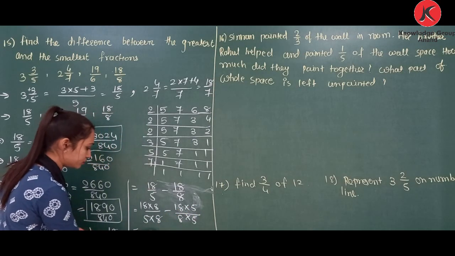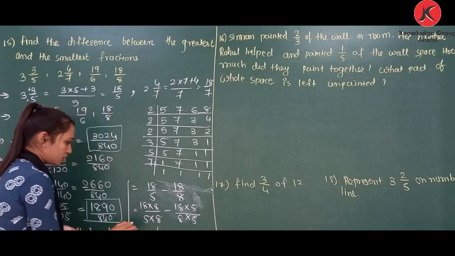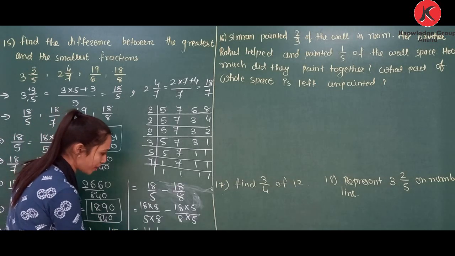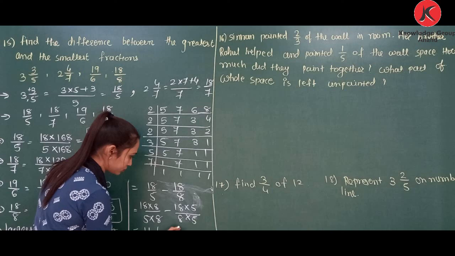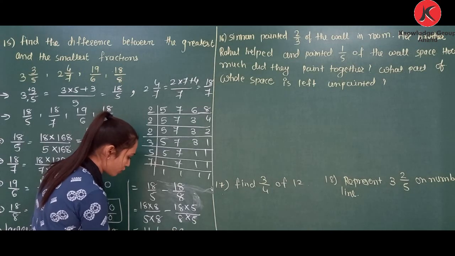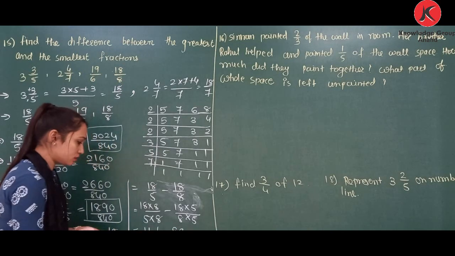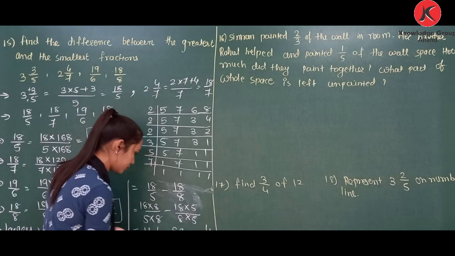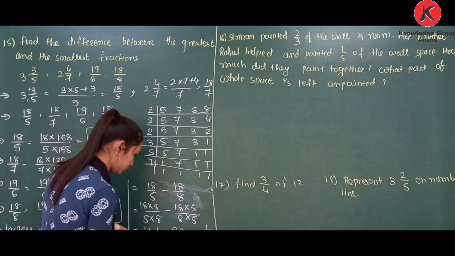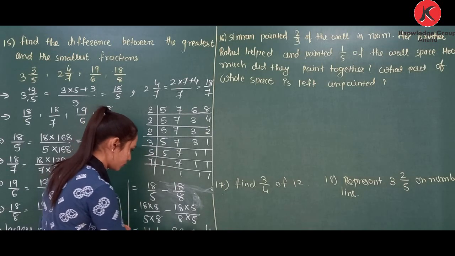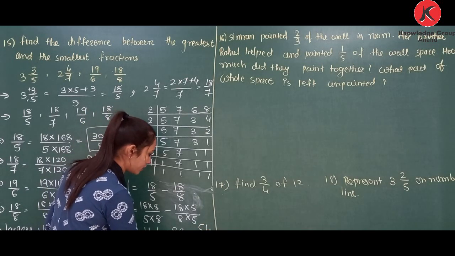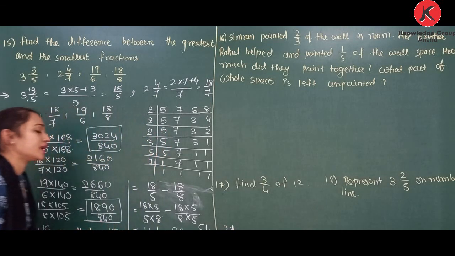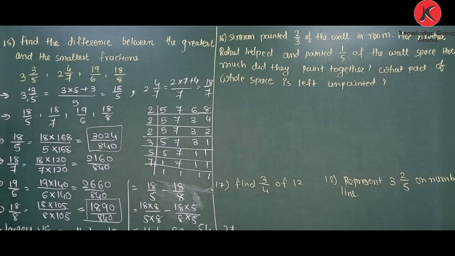Now we get 144 divided by 40 minus 90 by 40. So we will get 54 divided by 40. In the simplest form, it is 27 by 20. Okay? So that is your answer.